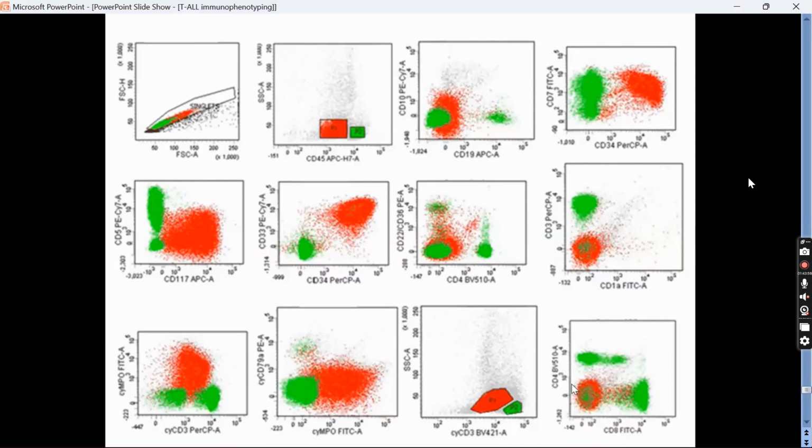So what's the diagnosis in this case? Do we have a T cell marker? We have only CD7. Correct? CD3 is negative. Okay. So it is not satisfying the criteria for T cells here because CD3 is negative. Correct, but it is satisfying the criteria for myeloid because MPO is positive.